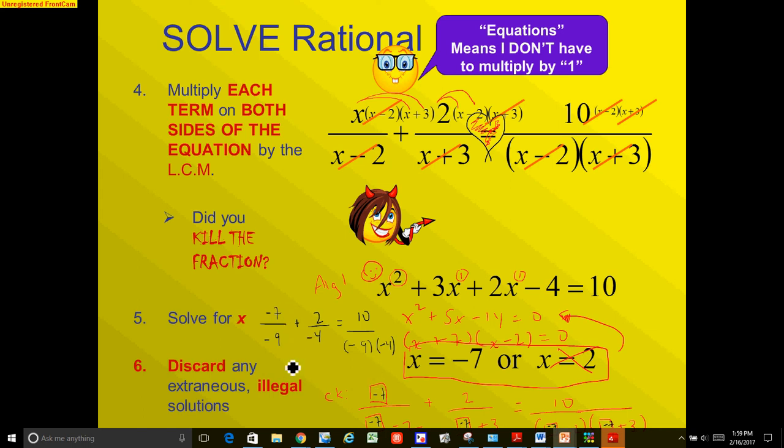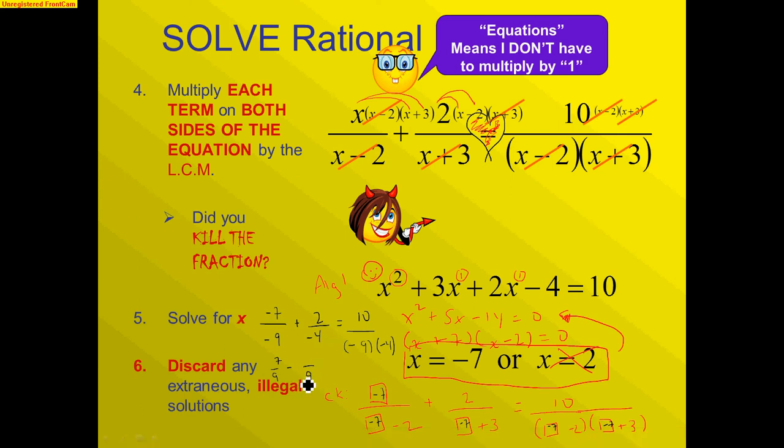So what do I have here? This is positive 7/9 minus a half, but how do I write a half with 9 as a denominator? Oh, I can't, right? I'm going to have to write that with a denominator of 18, right?